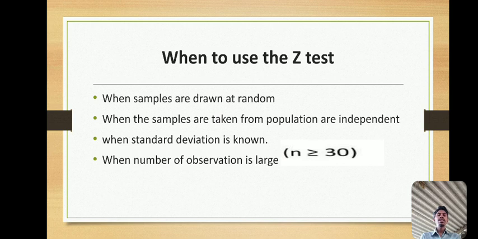When to use the Z-test? When samples are drawn at random, when the samples taken from the population are independent, when standard deviation is known, when the number of observations is large and more than 30.